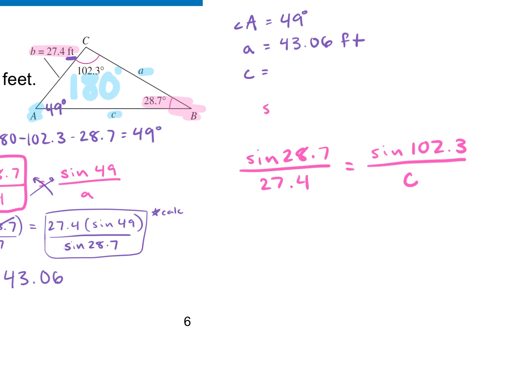So this is sine of B over B is equal to sine of C over C. So now we just want to solve for C.